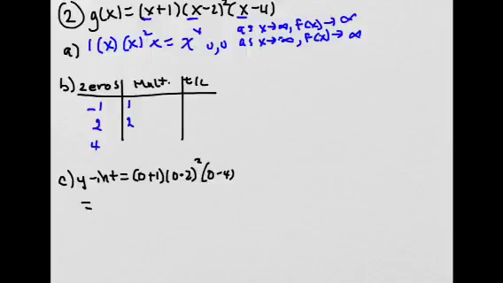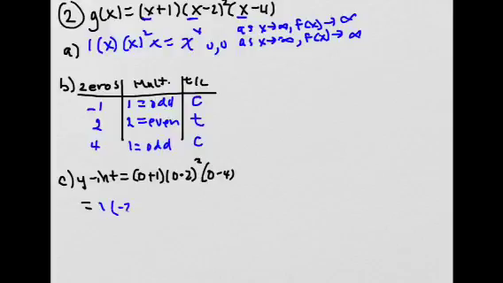And the multiplicity of 4 is 1, because that factor is there once. So this is odd, even, and odd. So that means the graph is going to cross through negative 1, 0. It's going to bounce off of 2, 0, so it's going to be tangent, and it's going to cross through 4, 0.